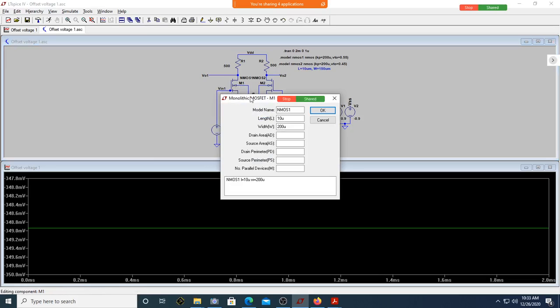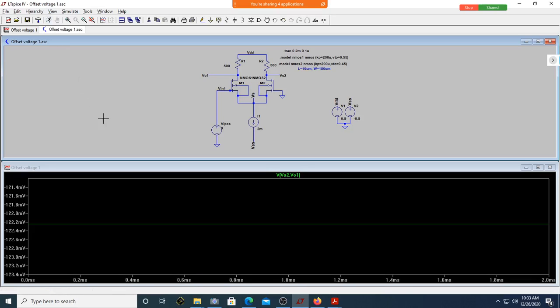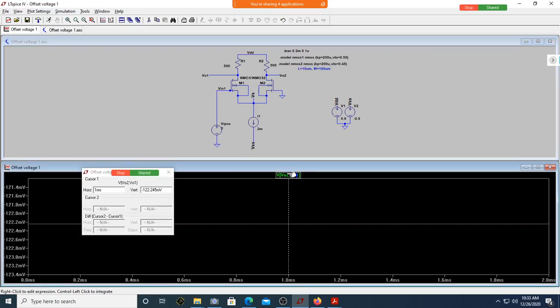It is again 150. Okay, let me run it now. How much was my delta VTO? I think we didn't find it. What is VD1, VD2? We are still yet to find, no?